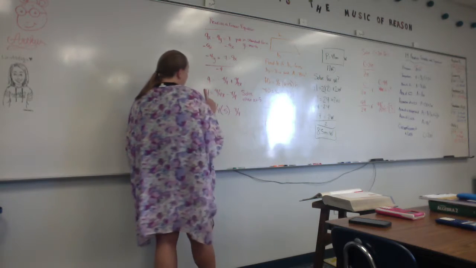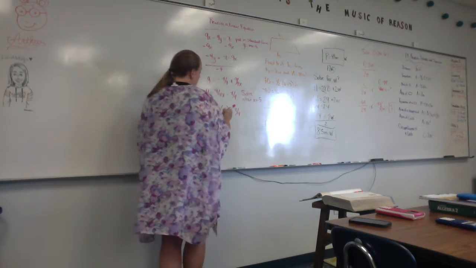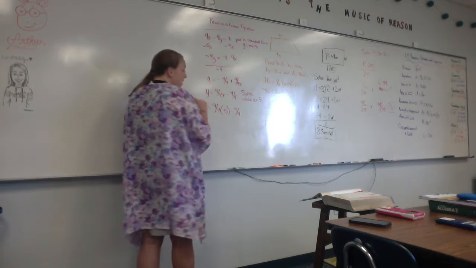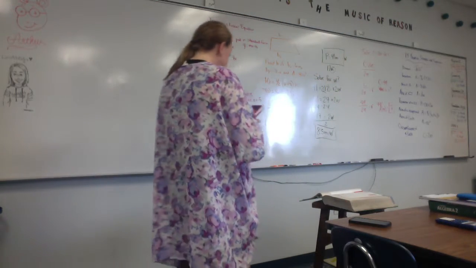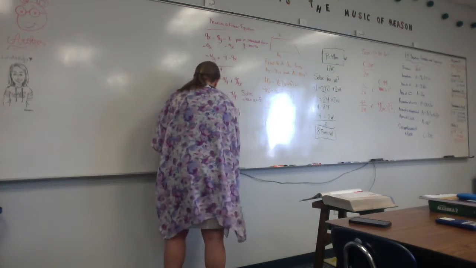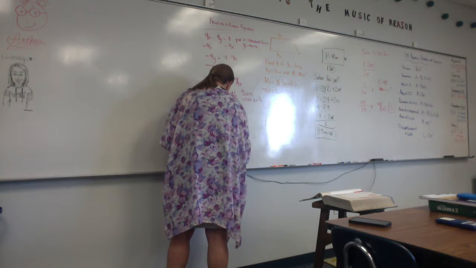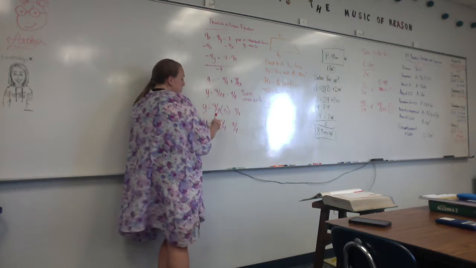Now, when I'm multiplying a fraction by a whole number, here's what I do. Whatever the large number is gets multiplied by the top. So what's 9 times negative 5? Negative 45. So y equals negative 45 fourths minus 7 fourths. Can I combine those?